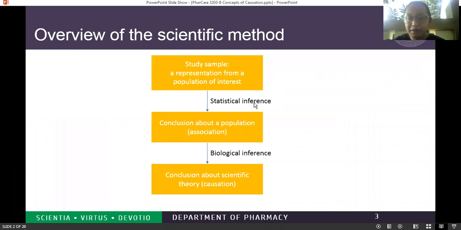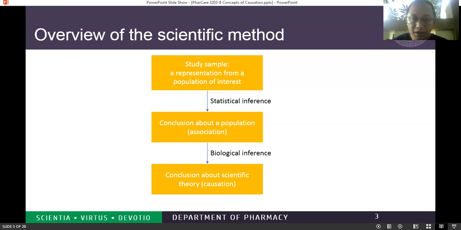In the scientific method, I'm talking about the general scientific method for population health study. Usually we take some sample that represents the population of interest.